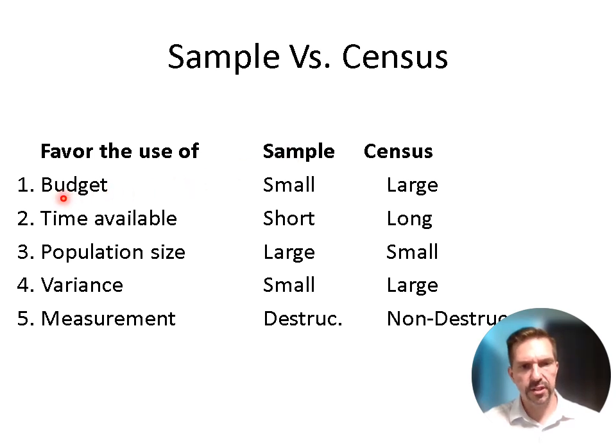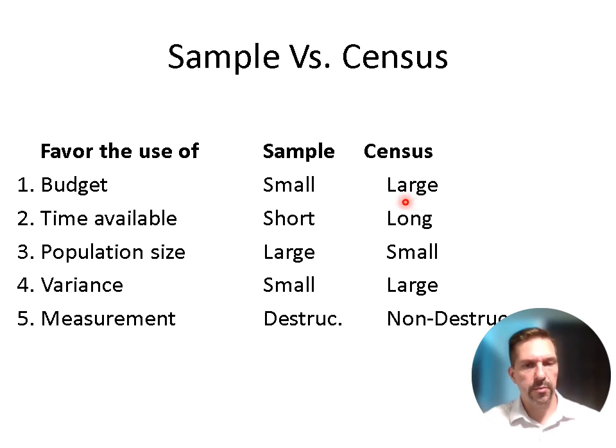So if budget is a concern, typically when you have a small budget, you're going to gear towards a sample, right? Because it is more economical to only ask or measure a subset of the population. Whereas when you have a large budget, you might consider a census.